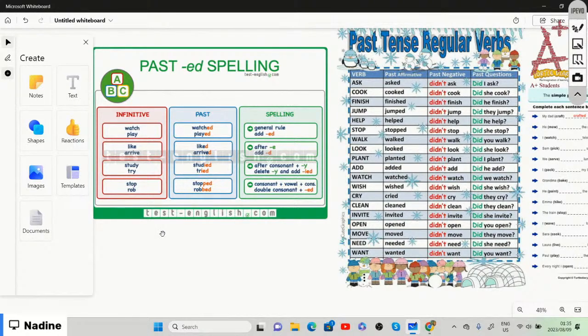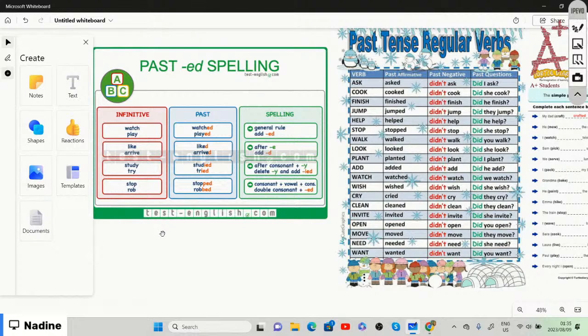So watch is our infinitive, or just our normal verb. But now the regular past tense verb of watch is watched, which means that we basically just added an ed.